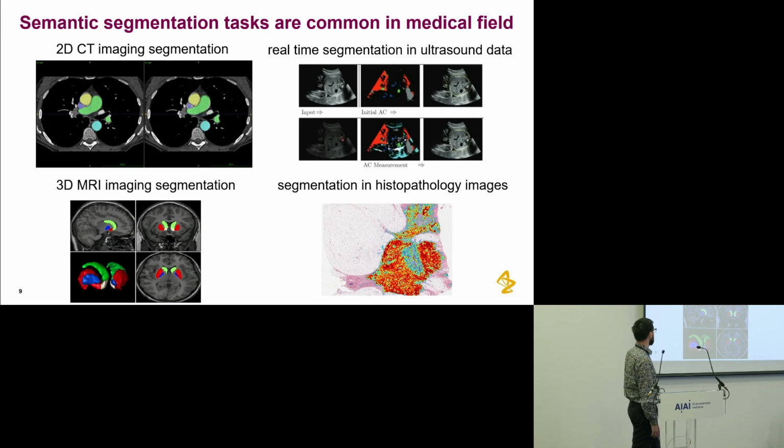MRI imaging segmentation lets you get different parts of the brain segmented out and even try to see what kind of signal propagates if people, for example, are exposed to some stimulus. And there are also histopathology images, which I'm going to talk about today.